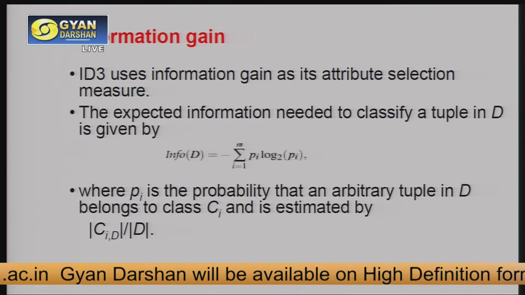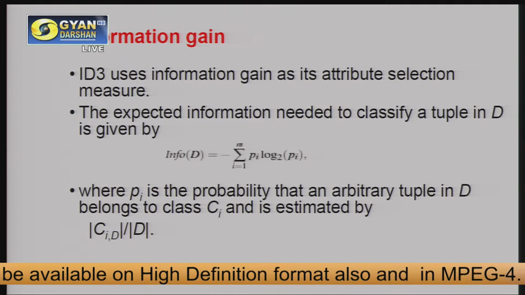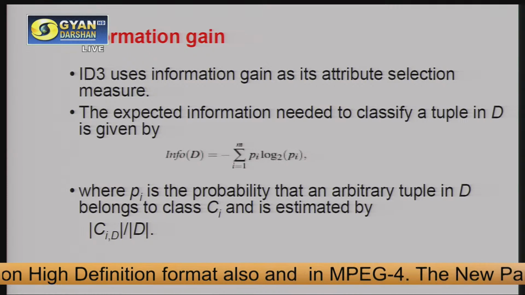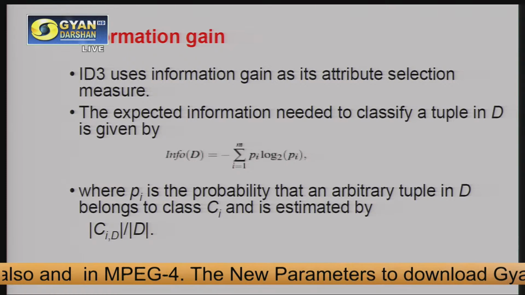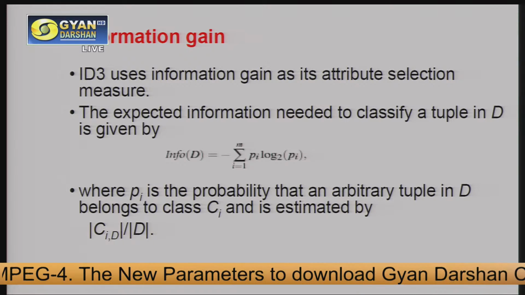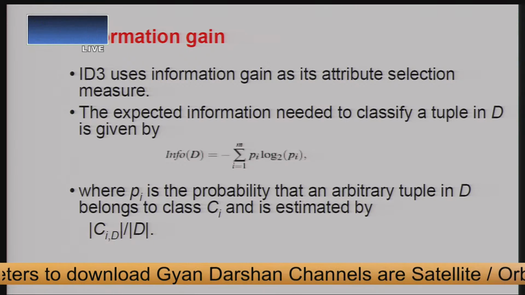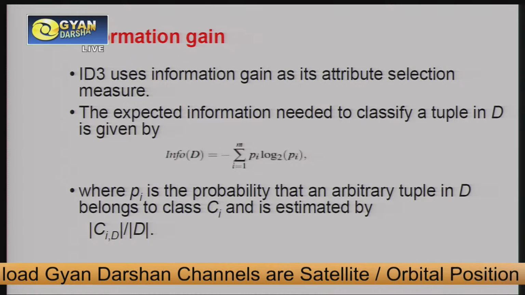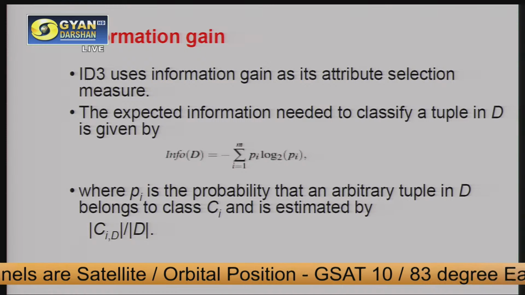So Info(D) is equal to minus the summation from i=1 to m of p_i log base 2 of p_i, where p_i is the probability that an arbitrary tuple in D belongs to some class C_i, which is estimated by |C_i,D| divided by |D|.